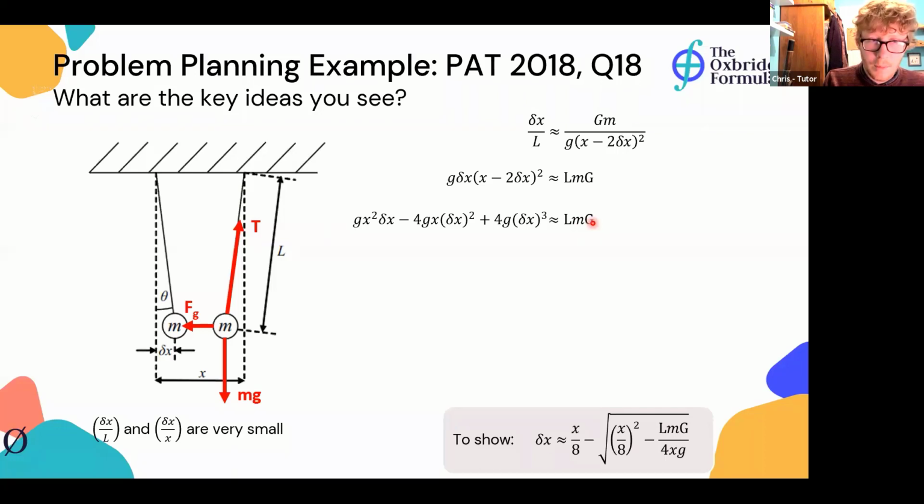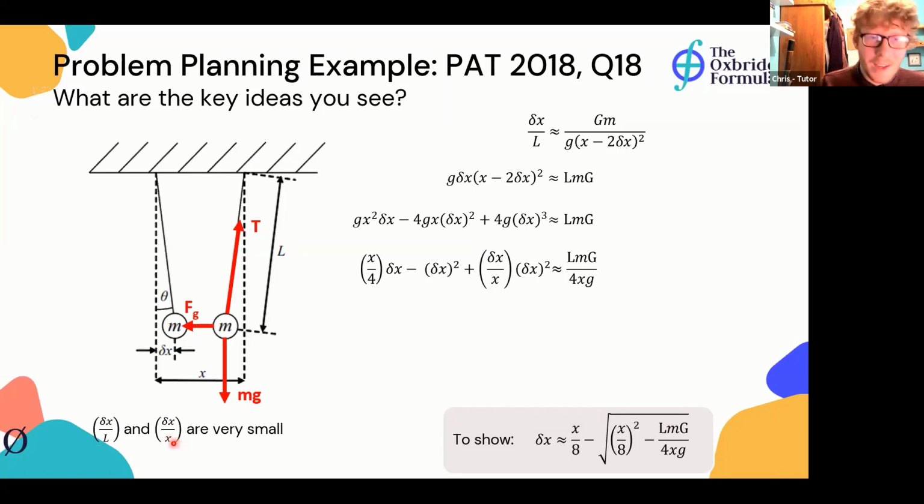One thing, it just gets the delta x squared term on its own. But also in one of the terms, we'll get a delta x over x. And that's good because so far we've used delta x over L being very small, but we haven't used delta x over x being very small. And that's something we were told, so it must be useful. Well, actually in the PAT, sometimes they throw in red herrings, but it's probably useful.